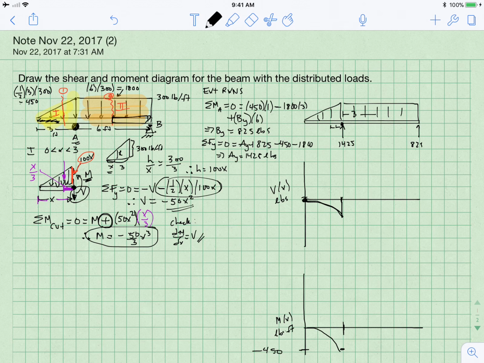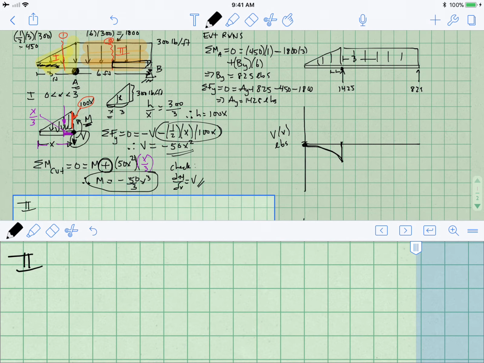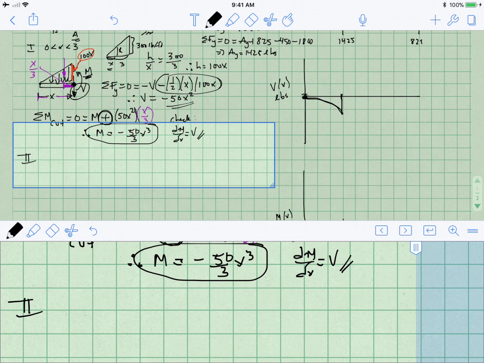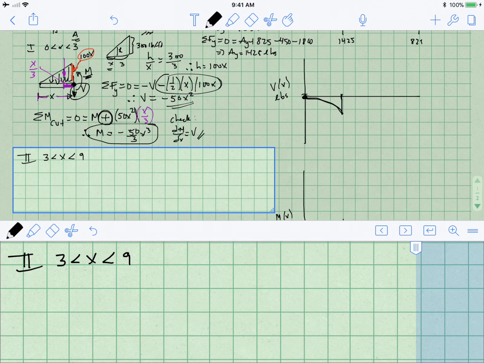So what I'm saying is now 3 is less than x, which is less than 9. And so I would like to simplify my life and just think about the right-hand side of the beam.